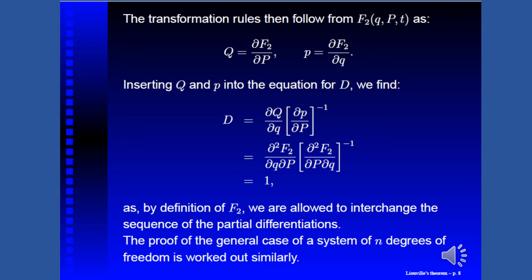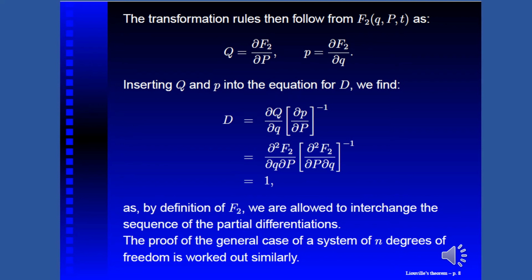Inserting capital Q and small p into the equation for capital D, we find that capital D is equal to the partial of capital Q over partial small q into partial small p over partial capital Q, to the power minus 1. By inserting the values, that is partial square f2 over partial small q partial capital P into partial square f2 over partial capital P partial small q, whole power minus 1, and by solving, that is equal to 1, as by definition of f2 we are allowed to interchange the sequence of the partial derivatives.